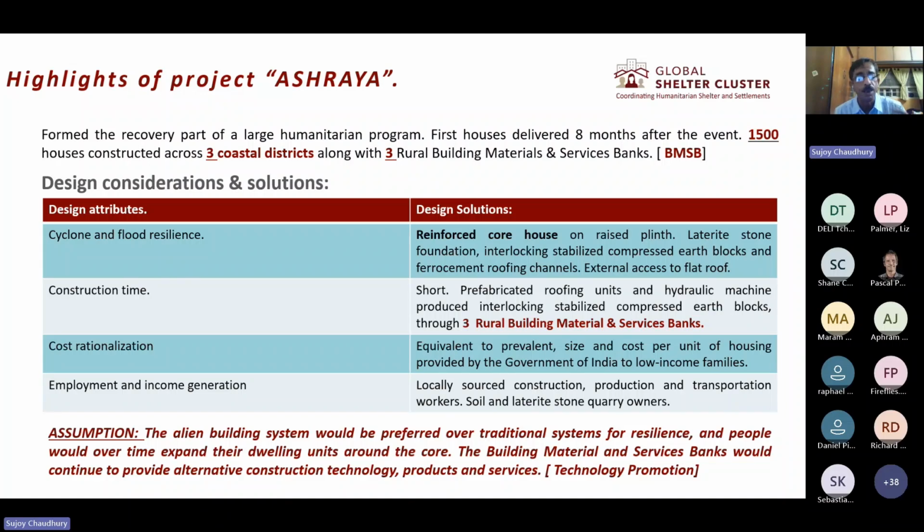It had to be cyclone and flood resilient, and it had to have a short construction time, cost rationalization equivalent to the government rates for people receiving government-provided low-income housing, and it should be able to employ local people and generate income for local people. So these were some of the concerns.